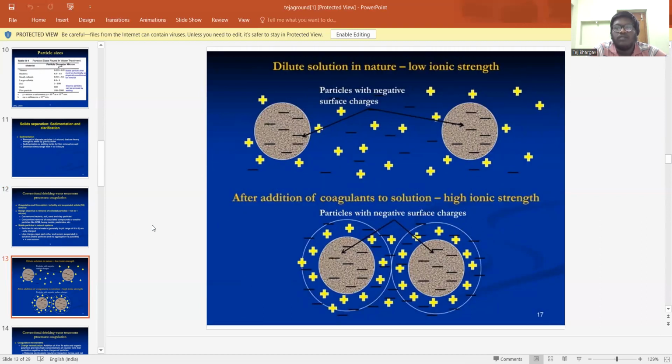But if there are the same charges, positive-positive or negative-negative, they repel each other. After addition of coagulants to solutions with high ionic strength, particles with negative surface charges are depicted in the picture.